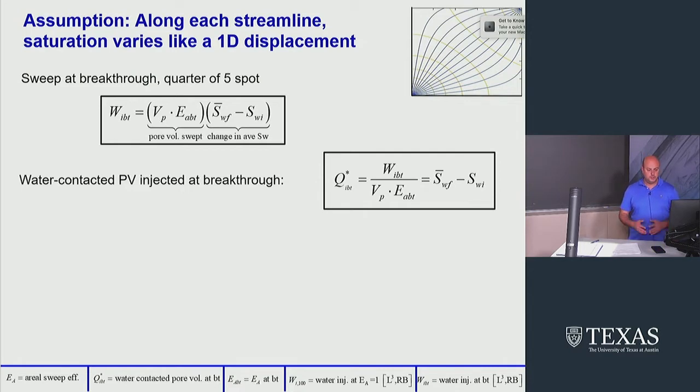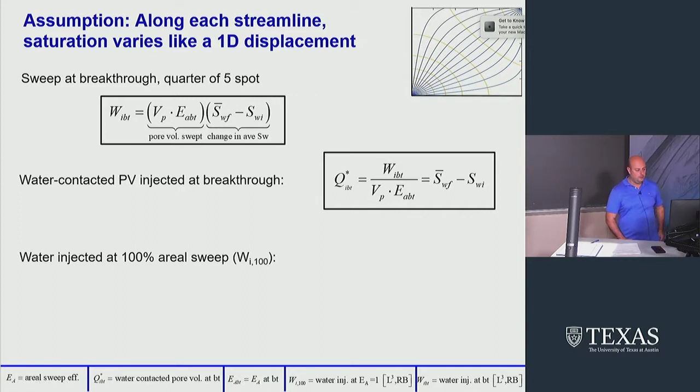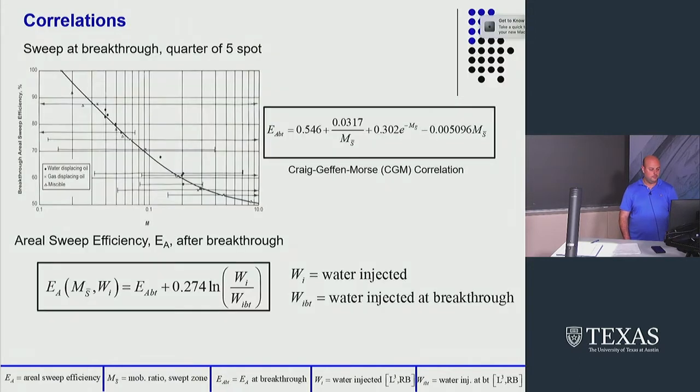The literature uses Q star, at least for two-dimensional flow, and that's super simple. That's really just the water injected at breakthrough divided by the pore volume swept. And that gives you this dimensionless time. What you might want to do is calculate how much water is injected once you get to 100% areal sweep. So what you do there is you plug in 100% sweep efficiency and you set EA equal to 1, right?